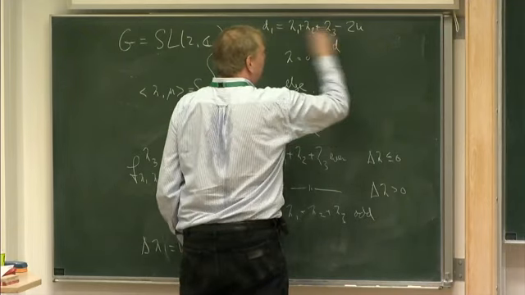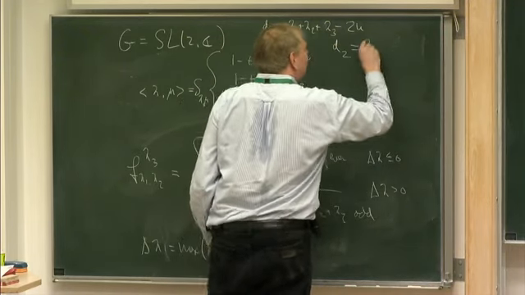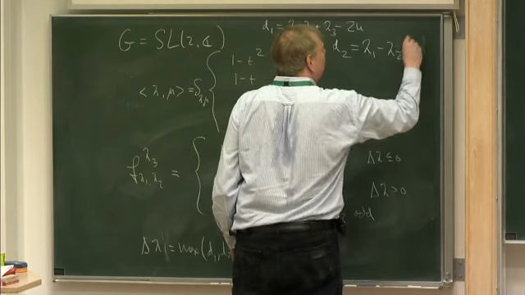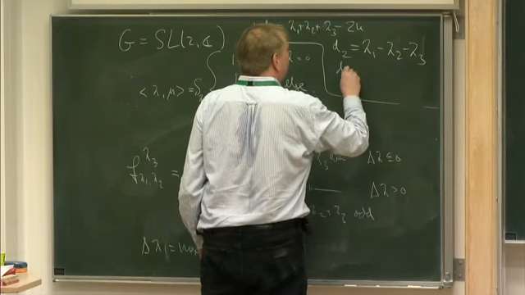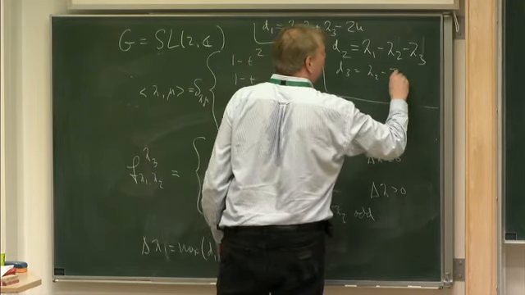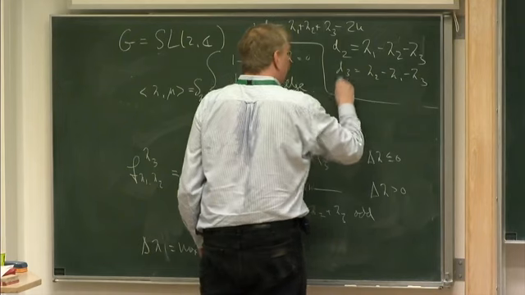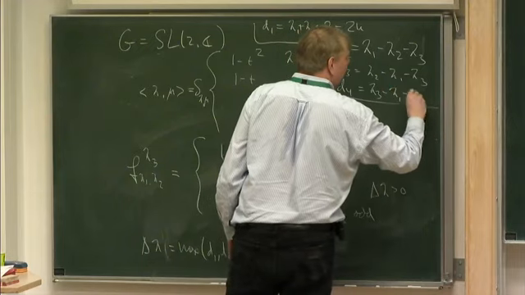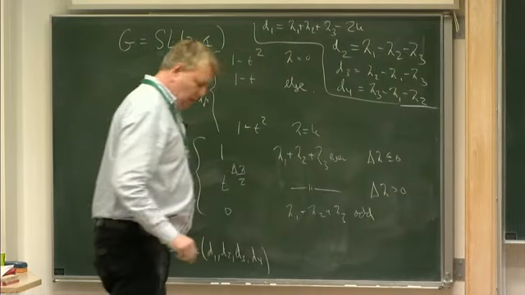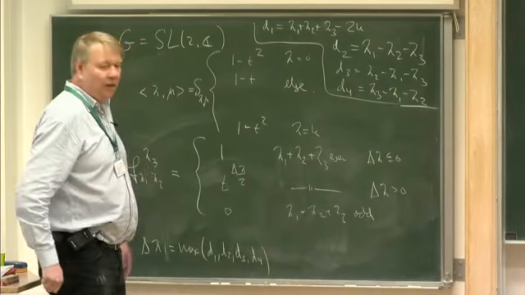So you know this one as well: this is lambda 1 minus lambda 2 minus lambda 3, and d3 is lambda 2 minus lambda 1 minus lambda 3, and d4 is lambda 3 minus lambda 1 minus lambda 2. So you see it's totally explicit, right?